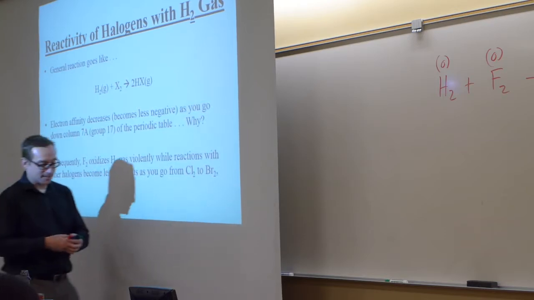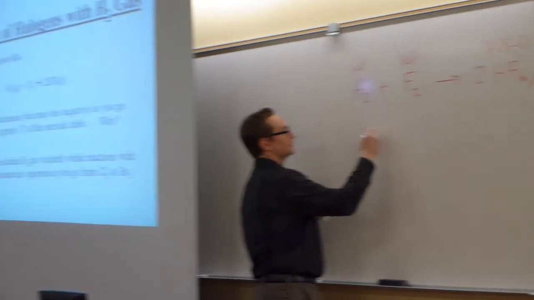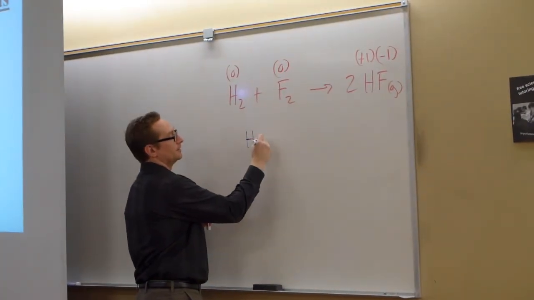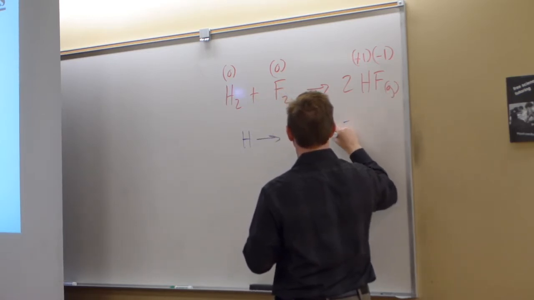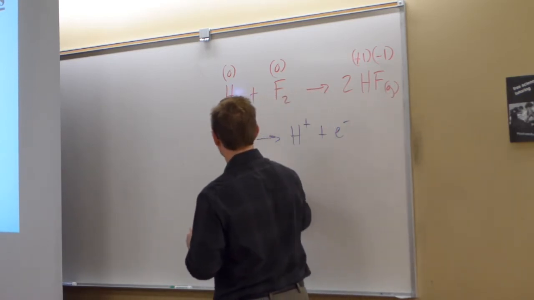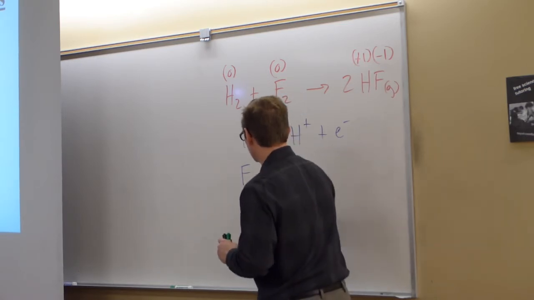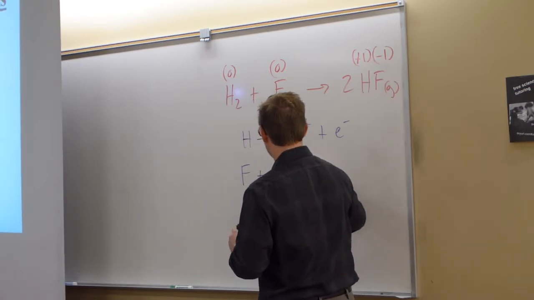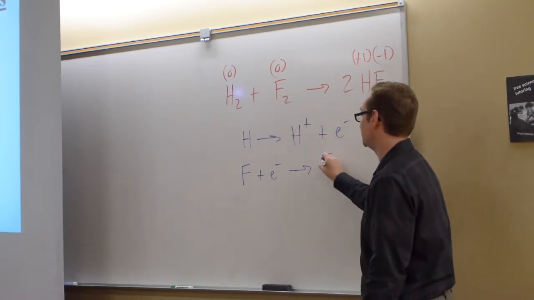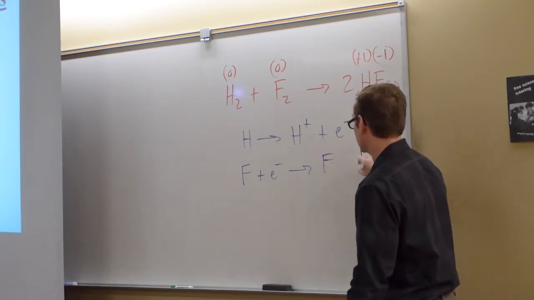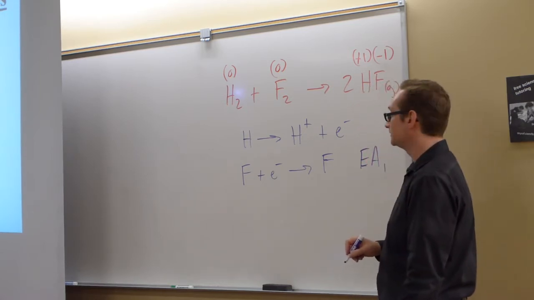Right? So what's going on here is hydrogen is becoming H+, but fluorine is gaining an electron, right? So this is the electron affinity for the halogen.